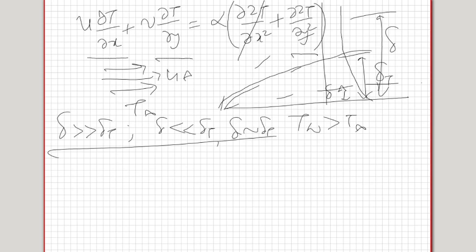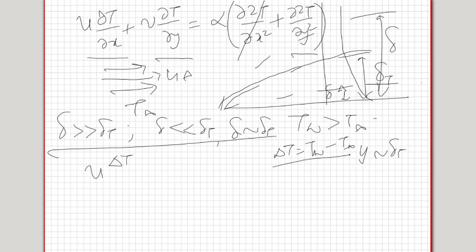Now using that, let us do the order of magnitude analysis. So I'll be writing now all the y will be of the order of delta T in the energy equation. So I'll get U into del T is going to be of the order of T wall minus T infinity. So I'll write it as delta T. If I write delta T is equal to T wall minus T infinity, which is a constant for this problem because T infinity is also a constant.